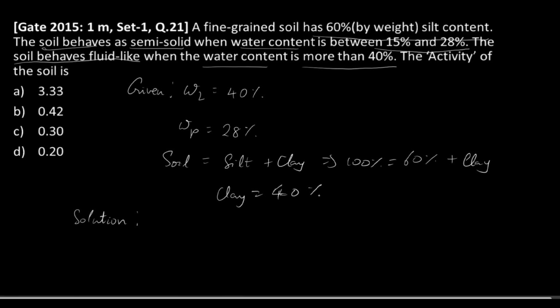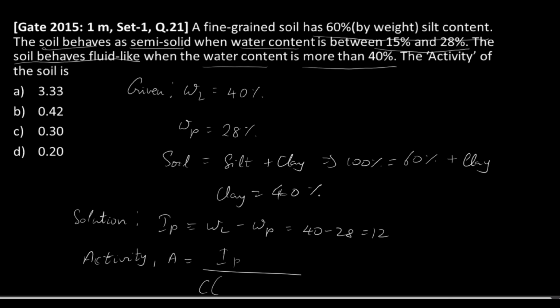Since we have liquid limit and plastic limit, we can find out the plasticity index IP, which will be equal to liquid limit minus plastic limit, which is 40 minus 28 equal to 12. And activity A will be equal to plasticity index by C, which is percentage of clay lesser than 2 microns.